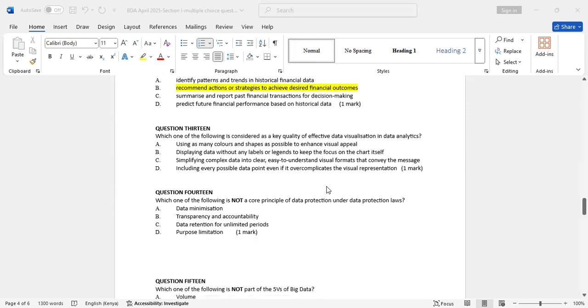So we go to question 13. I'll read the question. Which one of the following is considered a key quality of effective data visualization in data analytics? So for this question, you have to know the qualities of effective data visualization, because visualization is where you present financial information in the form of a graph that is understandable to any shareholder, whether they have a background in finance or not.